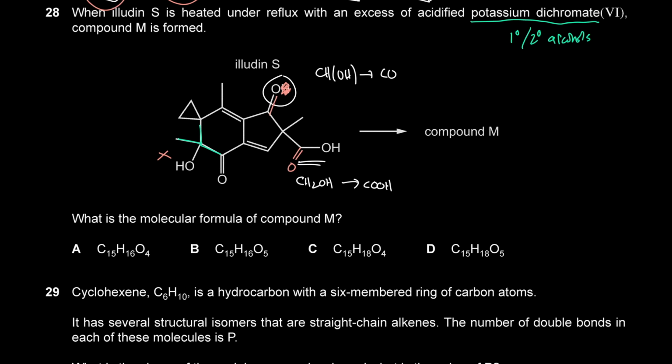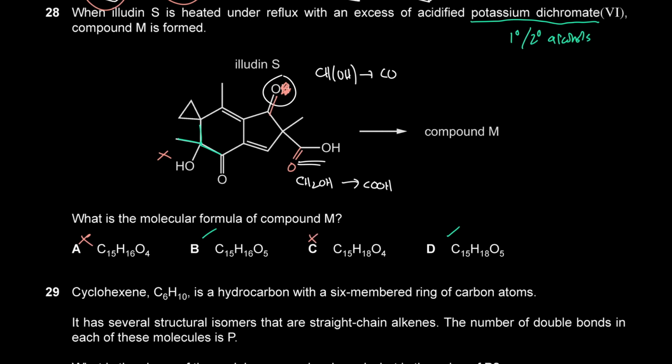Then what's the molecular formula for this compound? This compound obviously has 15 carbons, because all the options have 15 carbons. As far as the number of oxygens is concerned, we have 1, 2, 3, 4, and then 5 oxygens. So it has to be B or D. It can't be A or C, because there are not 4 oxygens here.